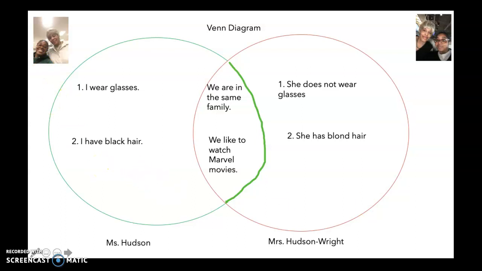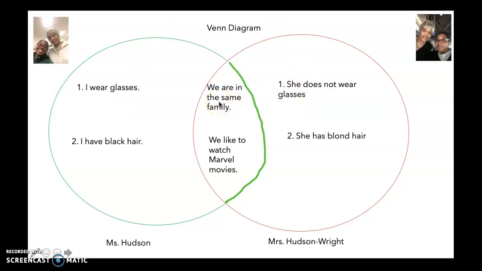I have black hair, and then over here, my mother has blonde hair. Okay, so those are the differences. So every time I wrote something here, I also wrote how it was different here. Okay, so every time you write one on this side, you also have to write something on the other side.